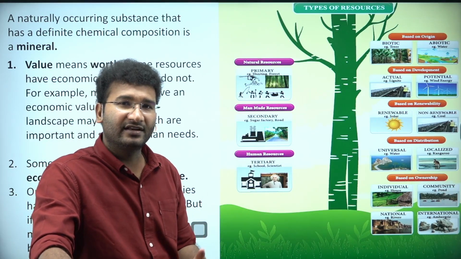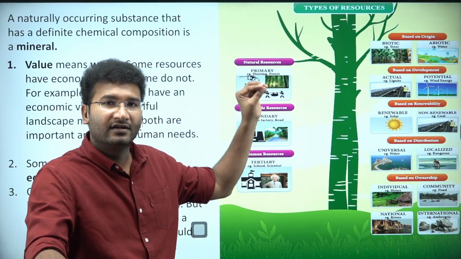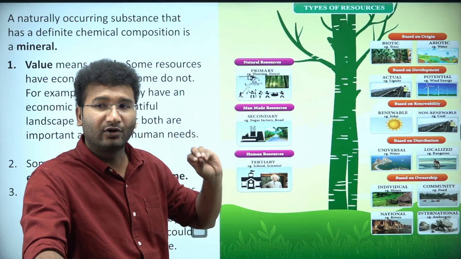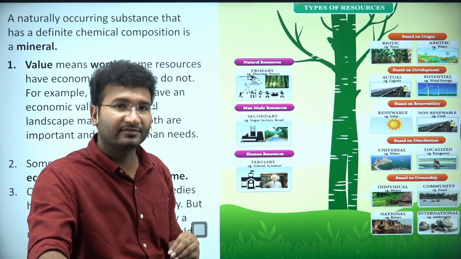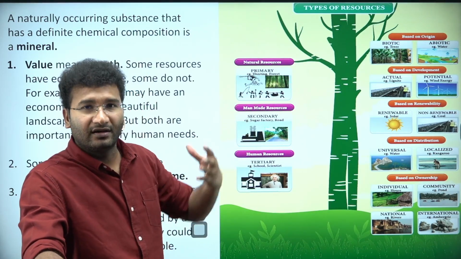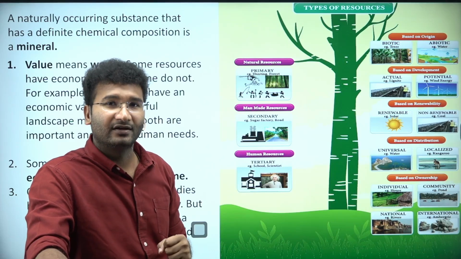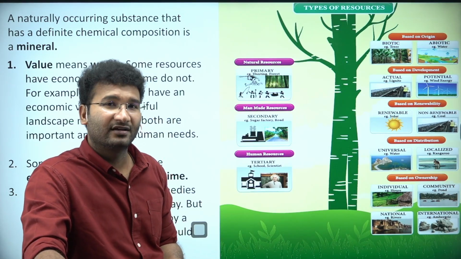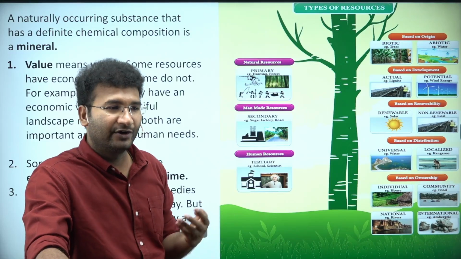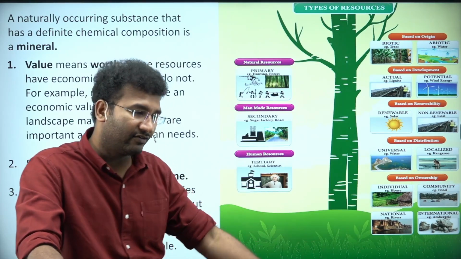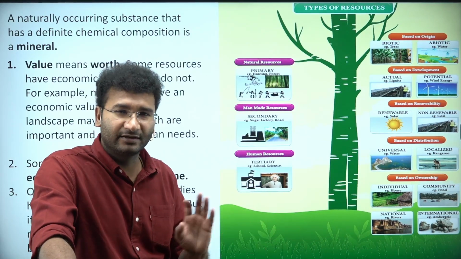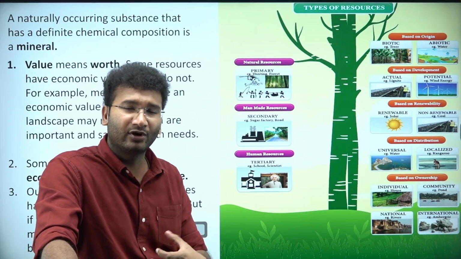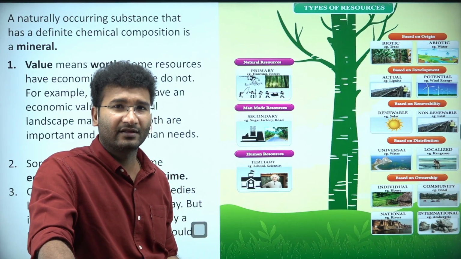For example, in recent times, we went and searched in Kashmir, and we got to learn that there is lithium there. But we do not know how much lithium is present. That is called inferred. Inferred in the sense that we do not know how much amount is there. We have found evidence that there is lithium, but we do not know the quantity.